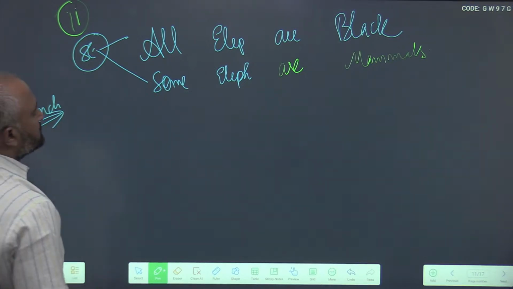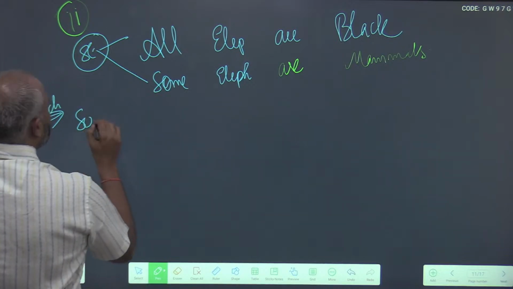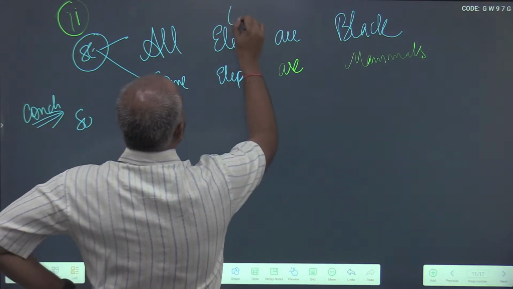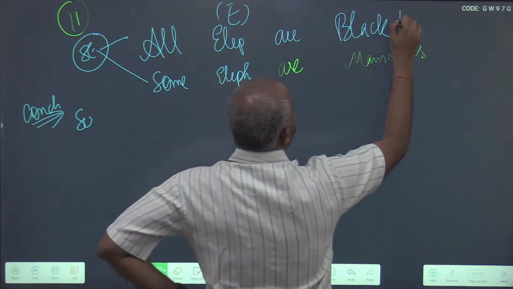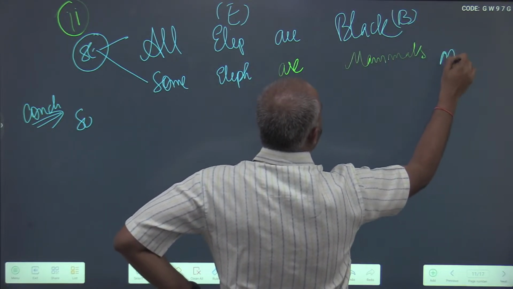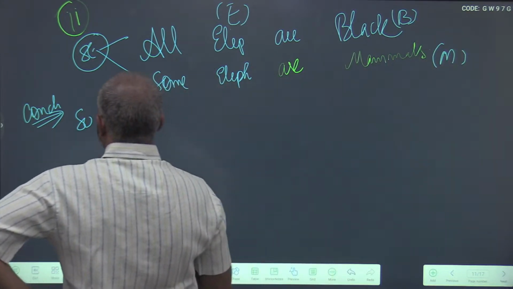Which conclusions follow? So E for elephants, B for black, M for mammals.